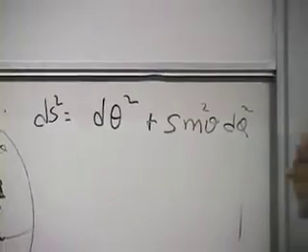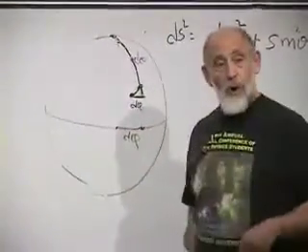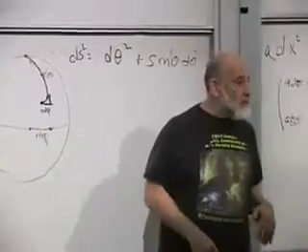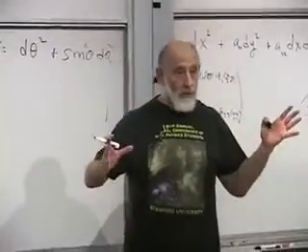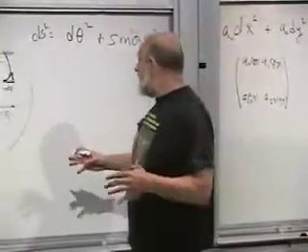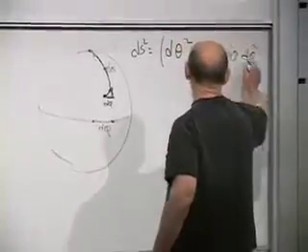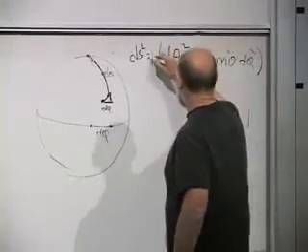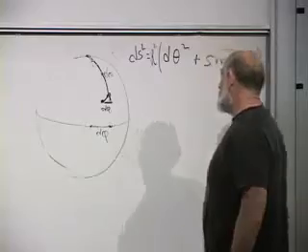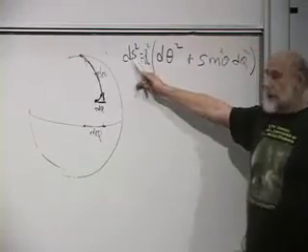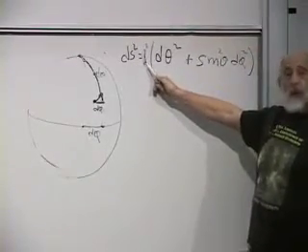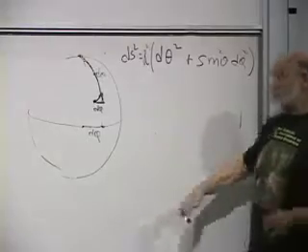What if this were not a sphere of radius 1? What about a sphere of radius r? Then the only difference would be we would multiply the whole thing by r squared. Since this is the square of a distance, it ought to be quadratic in the radius of the sphere.